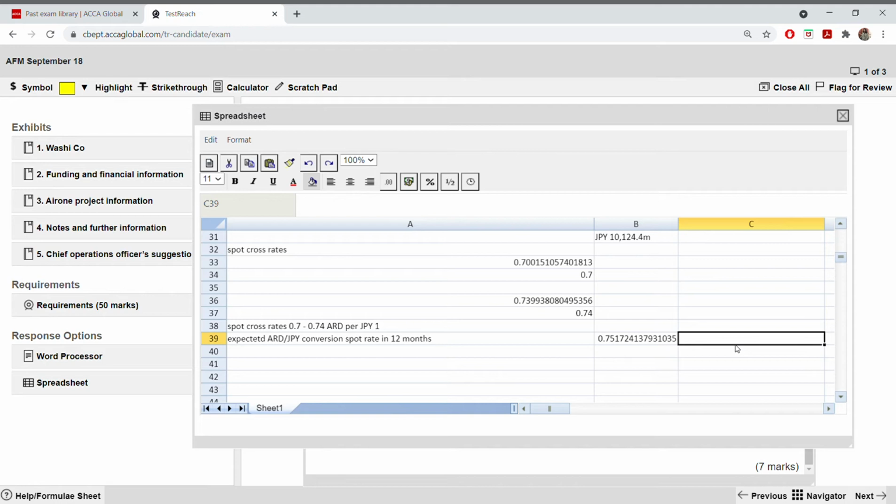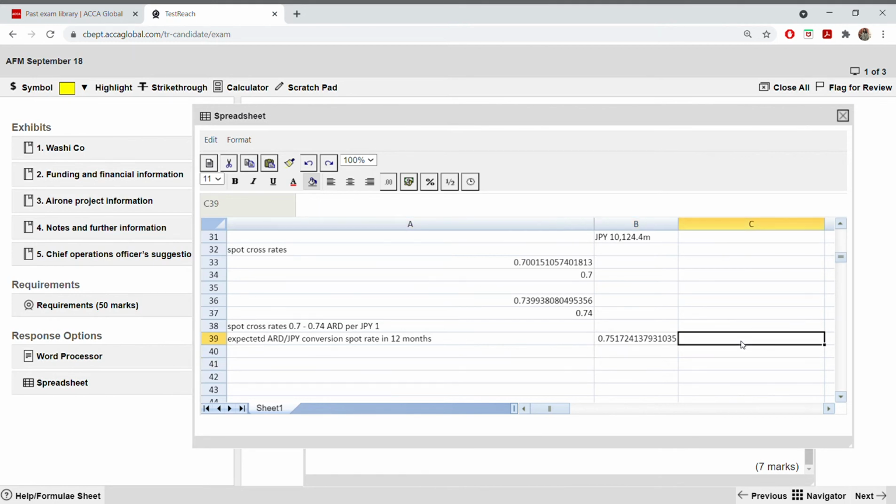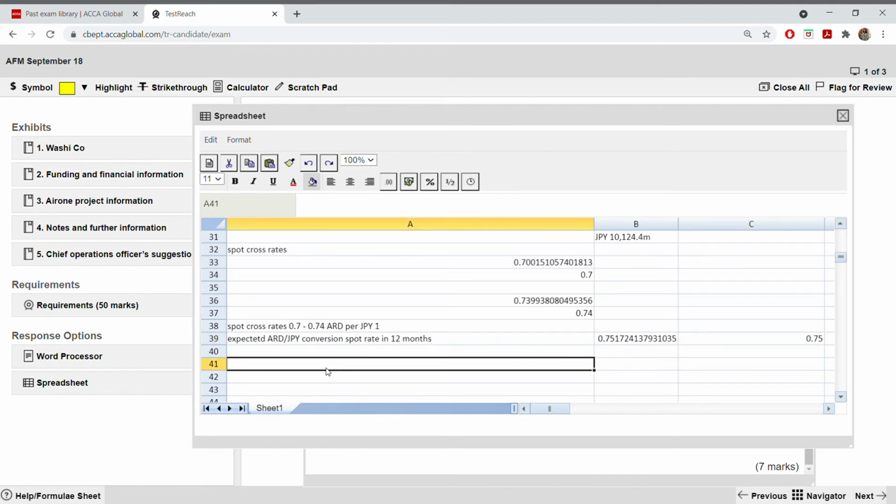Next we have, now what is it? Now we have kept this ready here, 0.75. We'll be starting with that exchange rate. Okay, I will put here 0.75. Okay, so here now the additional debt finance required, very important. Additional debt finance, this much if you write is enough, needed to fund the ARD project.